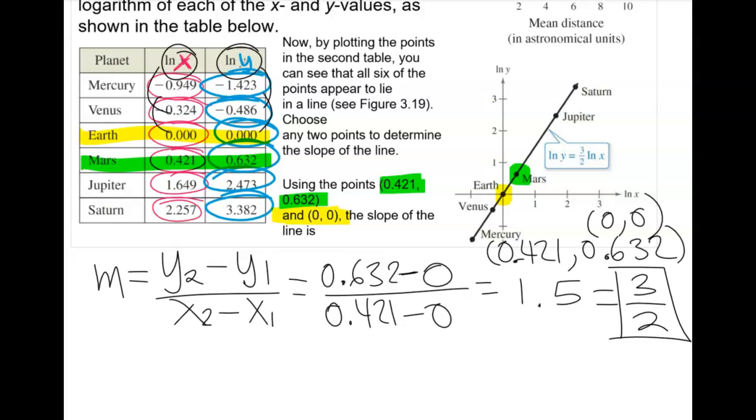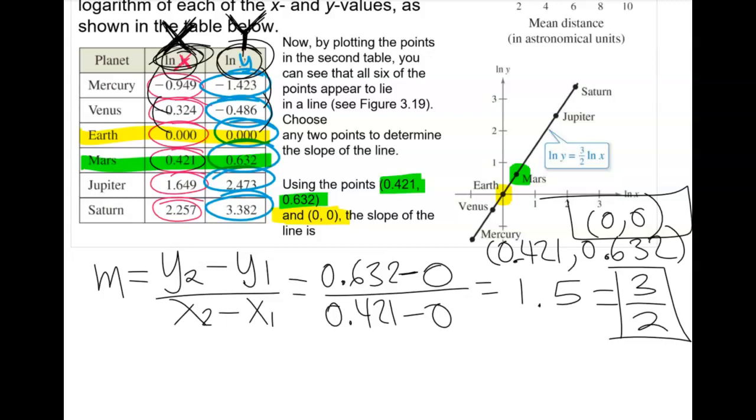And we see that the y-intercept is at the origin, so that means that the equation is going to be, I'm going to call this capital X. We do this in statistics a lot. We use lowercase and uppercase. Because here, lowercase x goes with ln, and lowercase y goes with y.